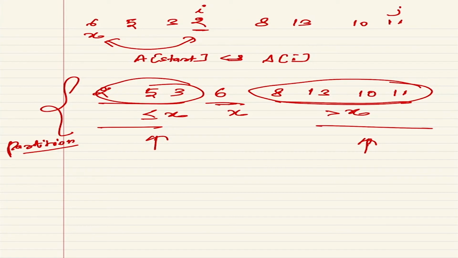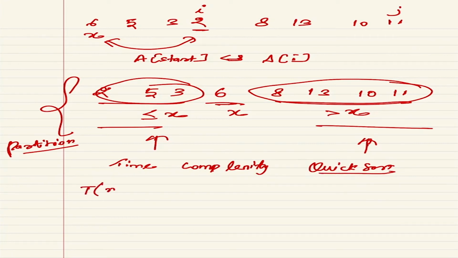So let's think about what will be the time complexity of quicksort. Sure. So let's write the all-case complexity T(n). Now, what are the things we did? We did a partition. So what is the complexity for partition? In this partition algorithm, we are maintaining two indices i and j.